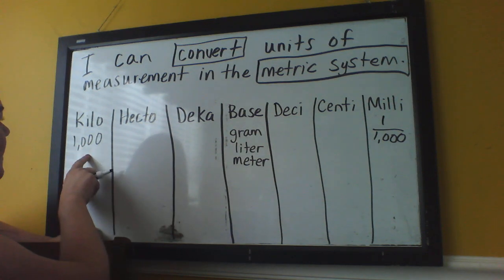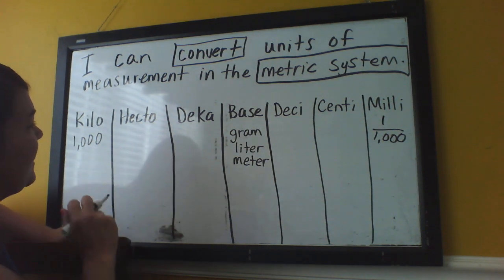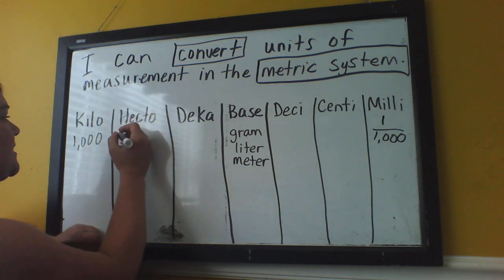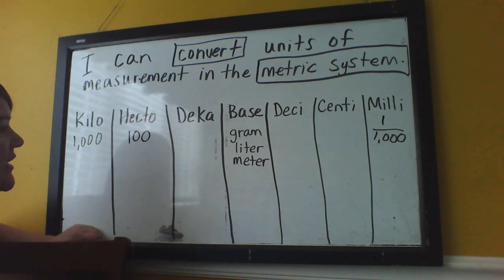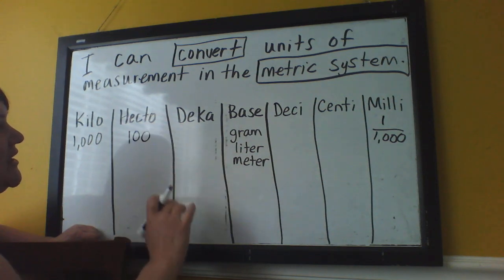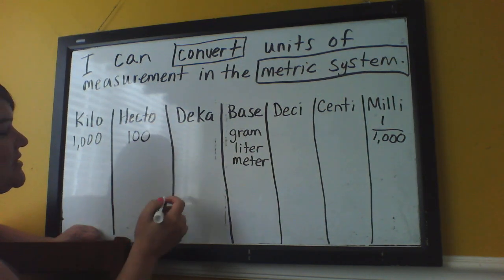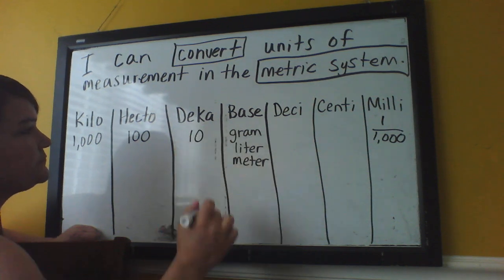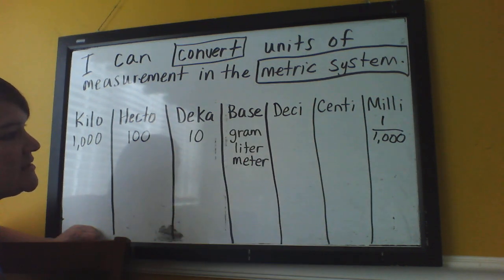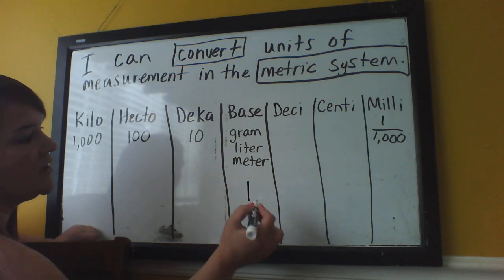But if we go to kilo and then to hecto, hecto is going to be 10 times smaller, so hecto means 100. Then you go deca, it gets 10 times smaller than hecto, so it's worth 10. And then we have base, which if it was 10 times smaller, it's only going to be worth 1.